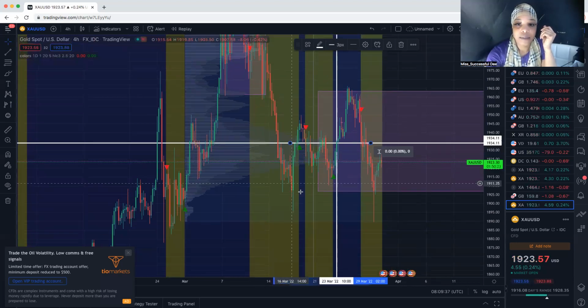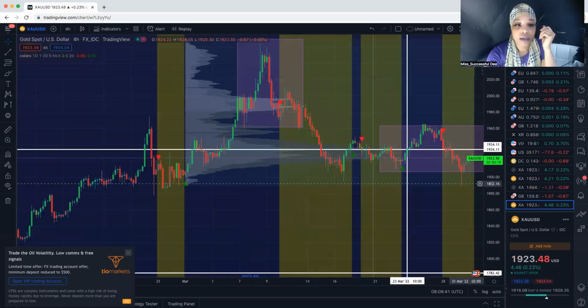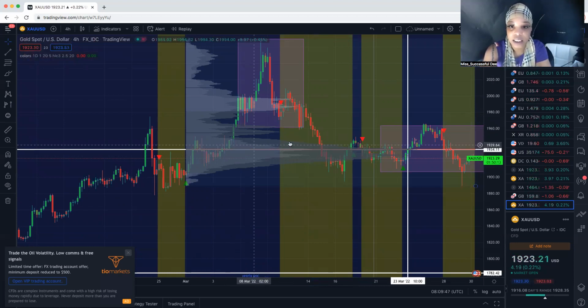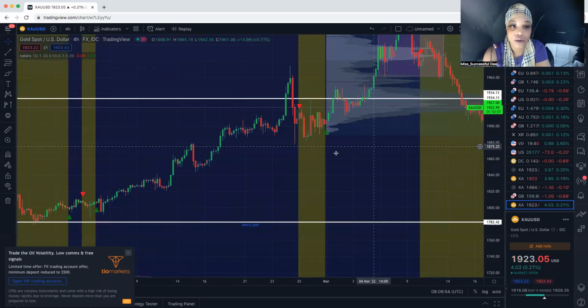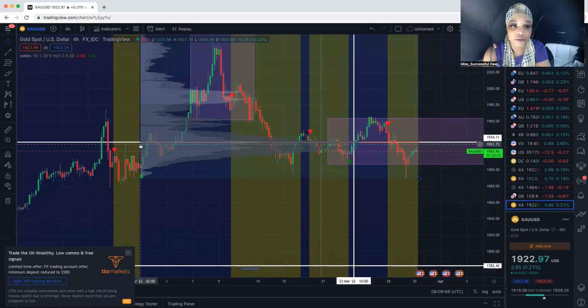Going to mark that up, and as you can see, guys, this point is like a magnet. When the market comes too far away from this point, it's been coming back to this point to play off of. And this is literally for the month of March.